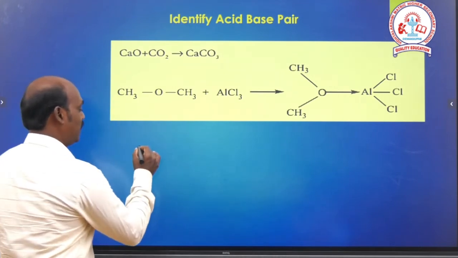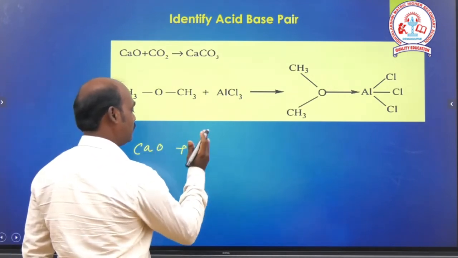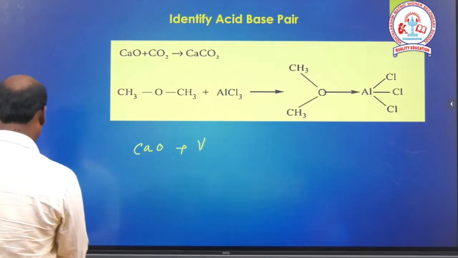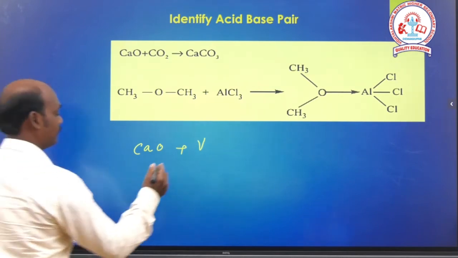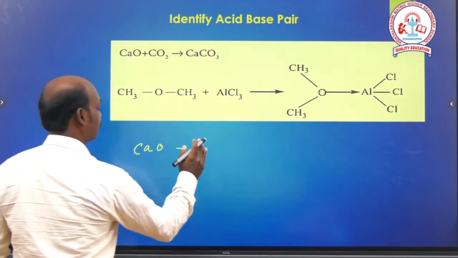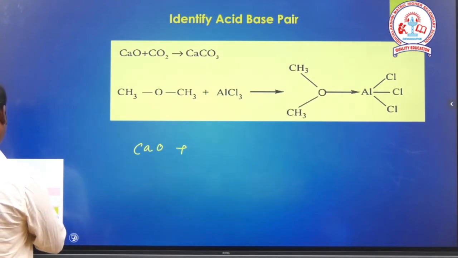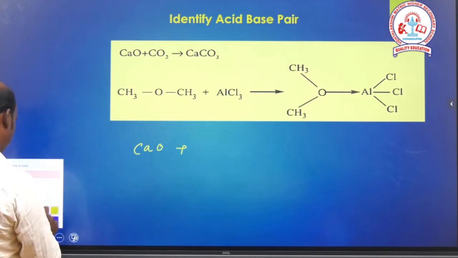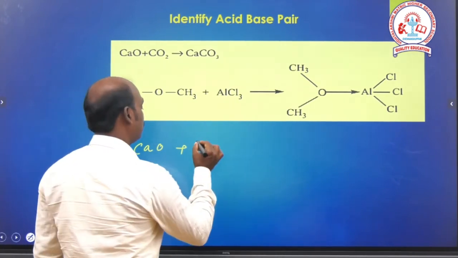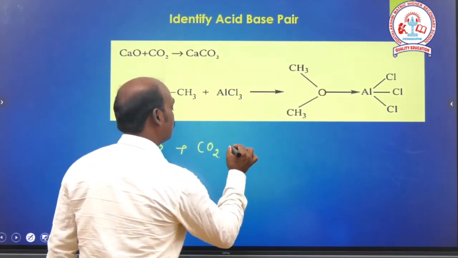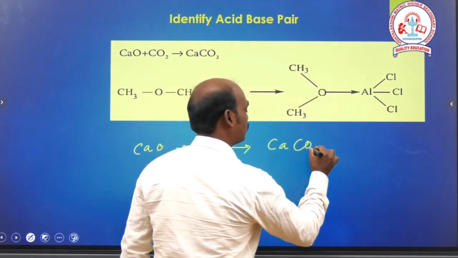Okay, so let us take calcium oxide reacted with carbon dioxide which forms calcium carbonate.